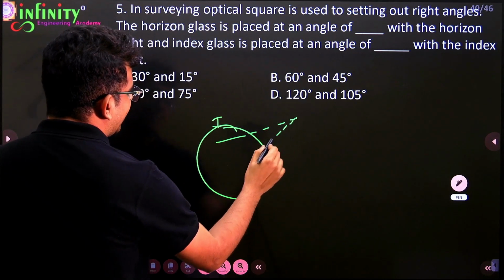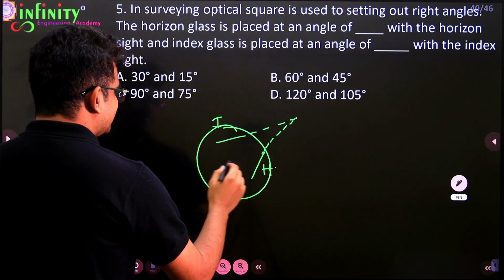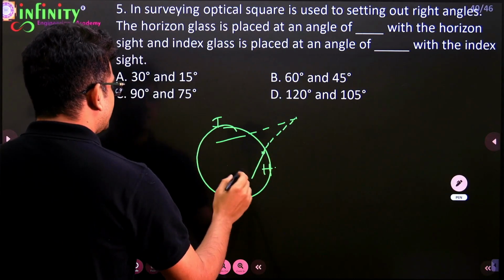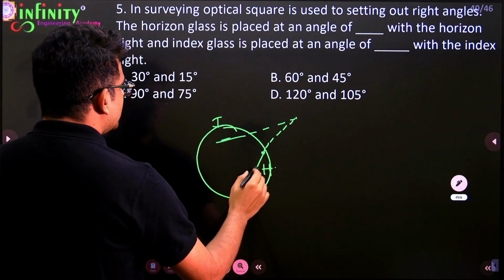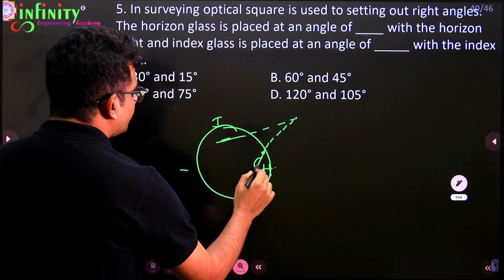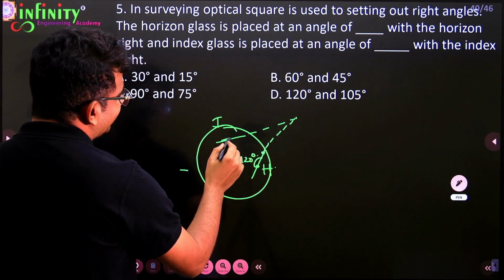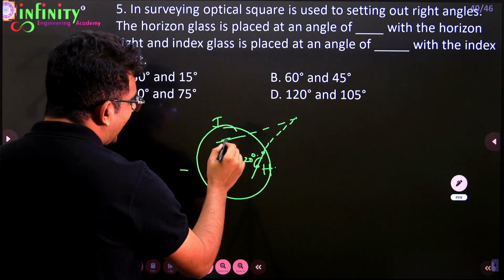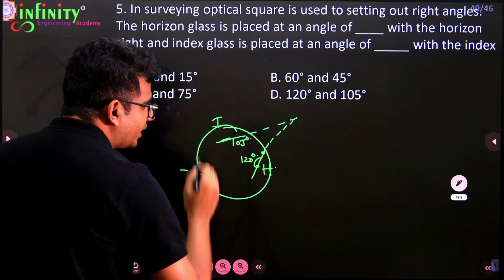Now if you see their angles, the horizon glass with the horizon side will be at an angle of 120 degrees, and the index glass will be arranged at an angle of 105 degrees.